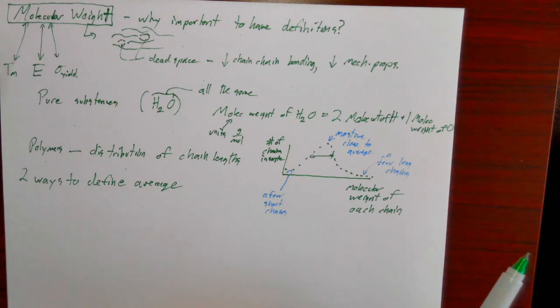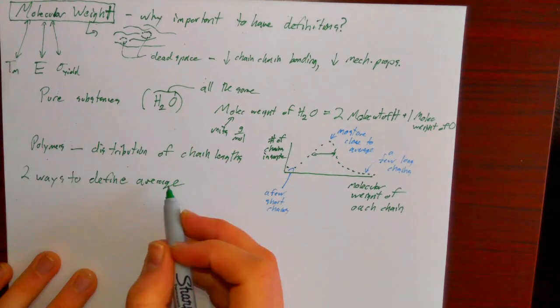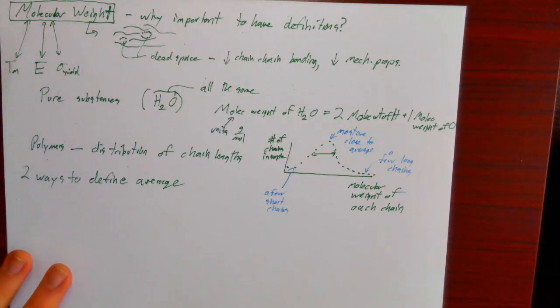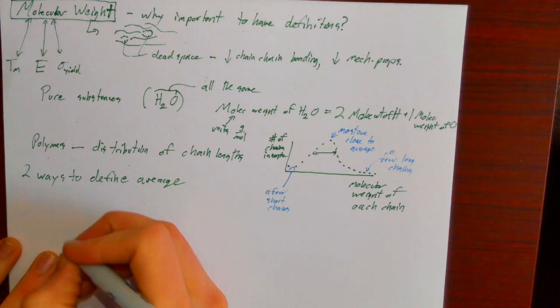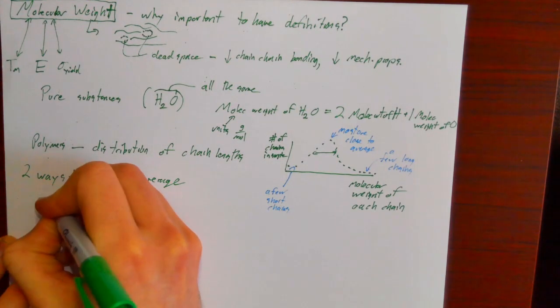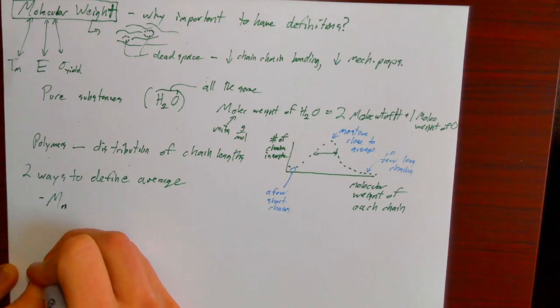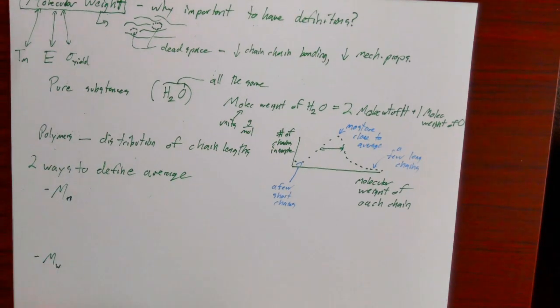So what does this mean? How do we actually put equations to these things? Basically, the two ways to define an average are M sub n and M sub w.